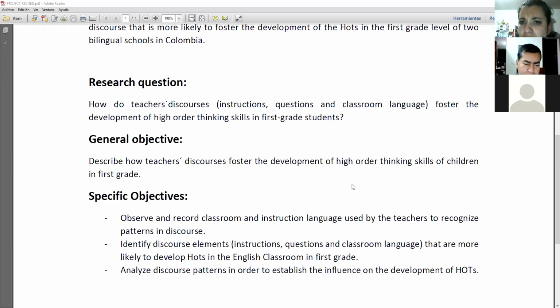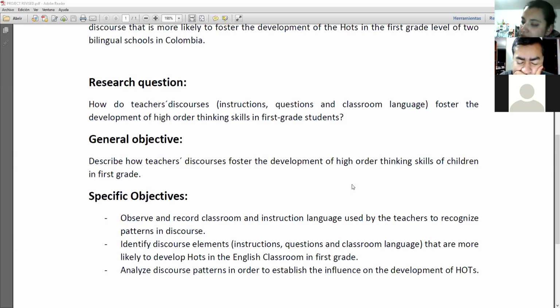So what we are doing here is, number one, understanding the type of discourses, the patterns, and then connecting or linking those patterns of discourse to how they develop or help develop high order thinking skills, right? And how can we actually make the connection? When you start observing the patterns of interaction, the type of questions or the type of language in general that the teachers use and how students respond, you can say if the students' responses are achieving critical or higher order thinking skills or not.